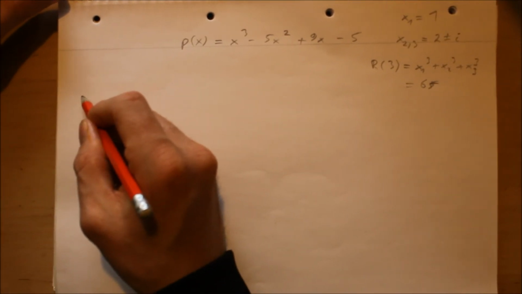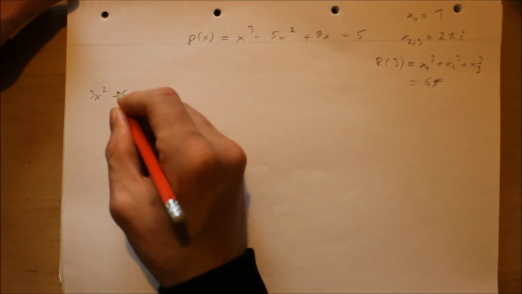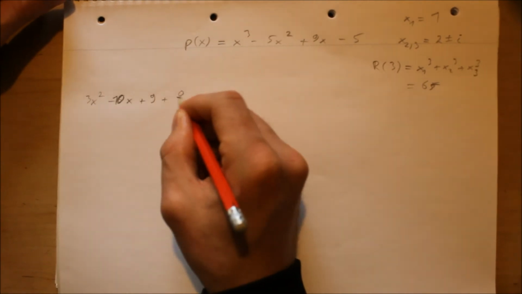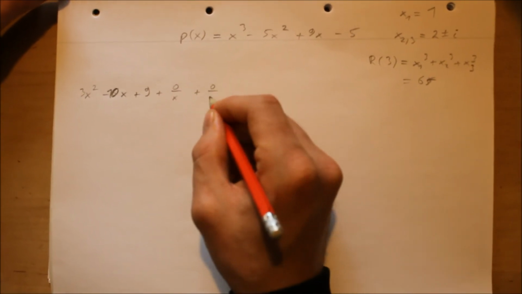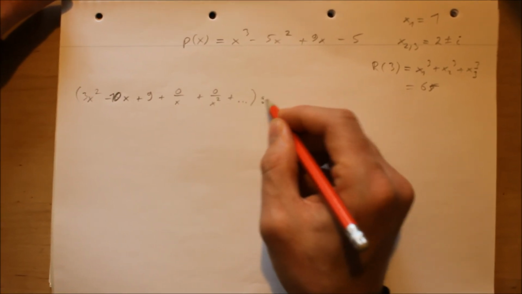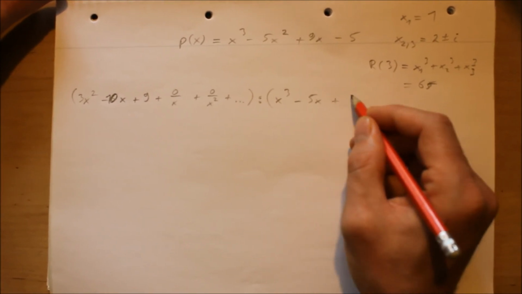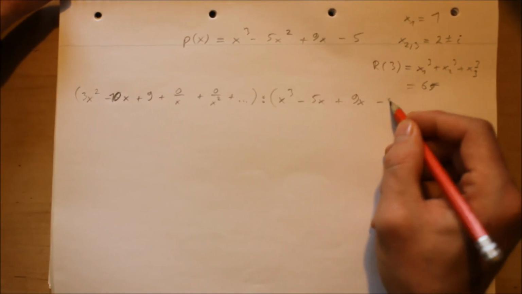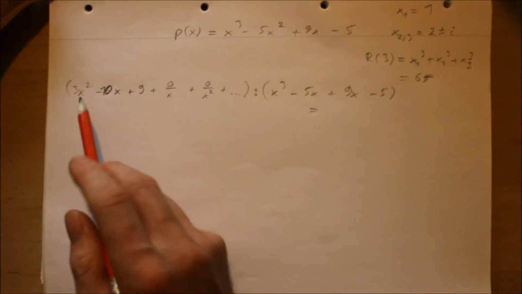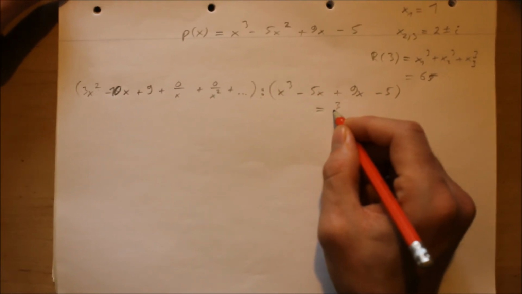So we need the derivative, 3x squared minus 10x plus 9, and we add some 0 terms and we divide that by our polynomial x cubed minus 5x squared plus 9x minus 5, and we see what we get. So the first step, 3x squared divided by x cubed is 3 over x.